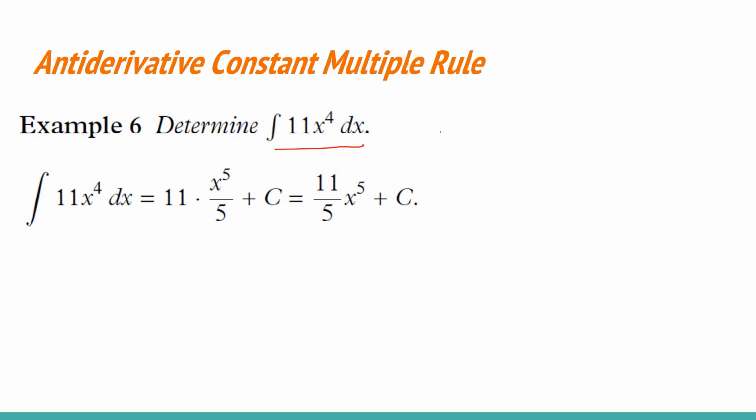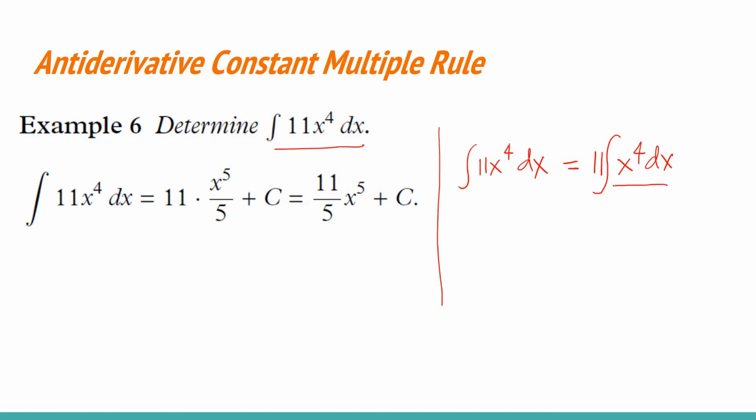So I will show you another solution to be clearer. The integral of 11x raised to the power of 4 dx equals, so the rule says that you put the 11, or the constant, on the left side of the integral sign. So 11 times the integral of x raised to the power of 4 dx.